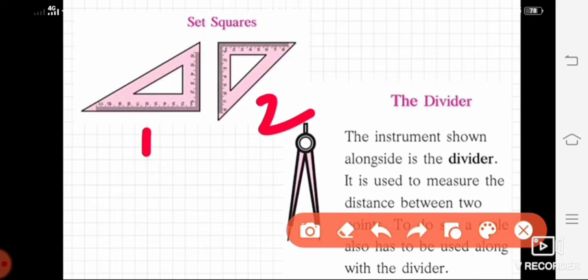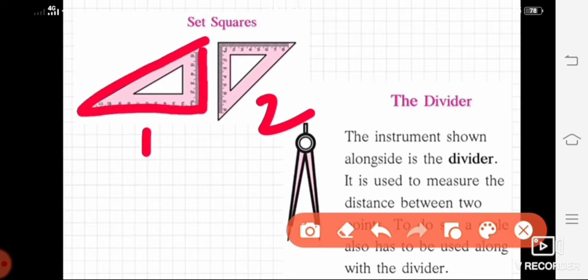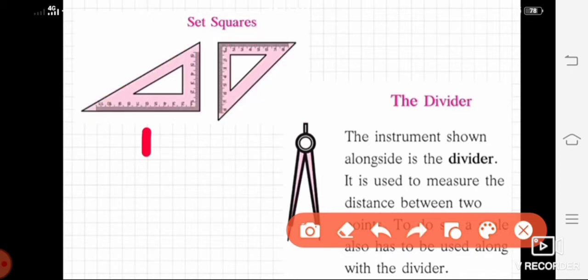So in the first set square, side 1, side 2 and side 3, all the three sides are different. But in set square 2, the first side and second side are equal and the third side is greater than them. So this is the change we see in these set squares.